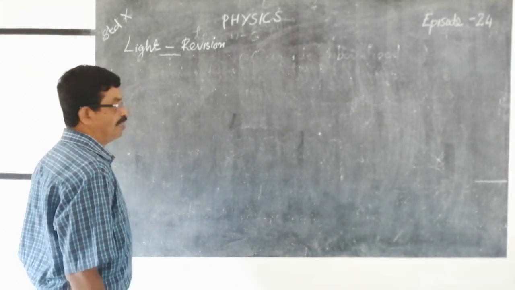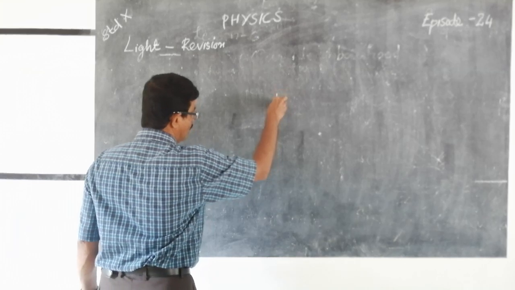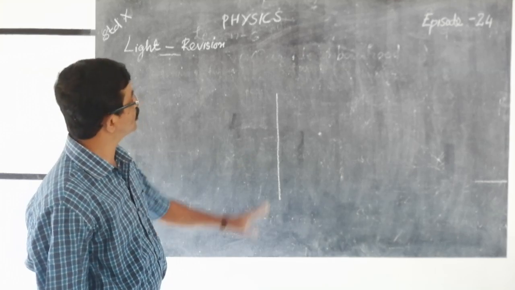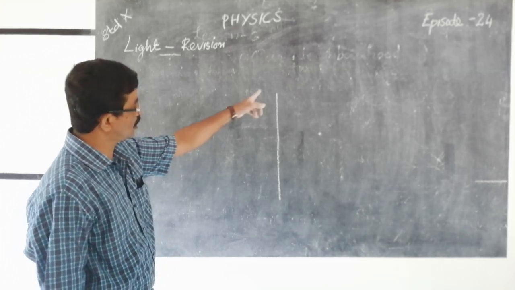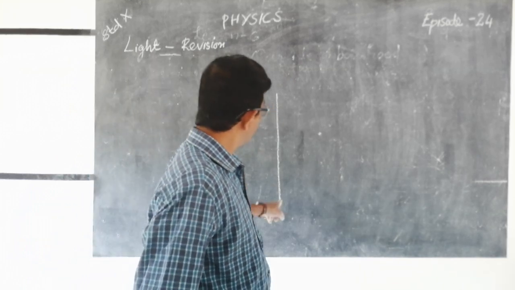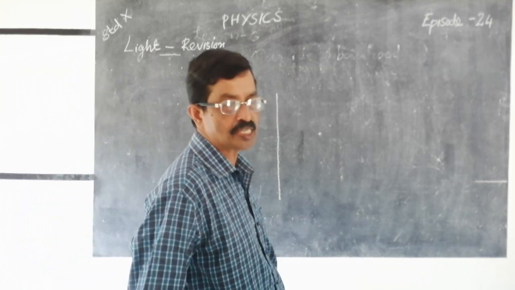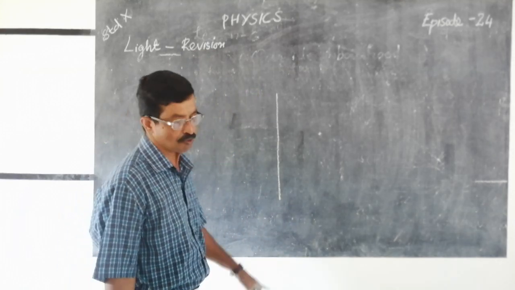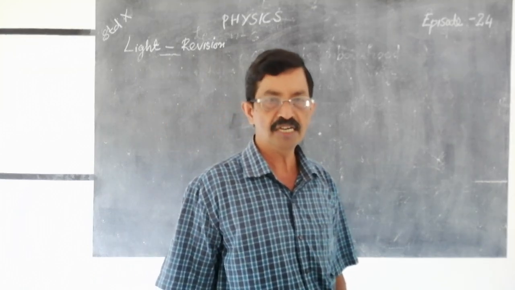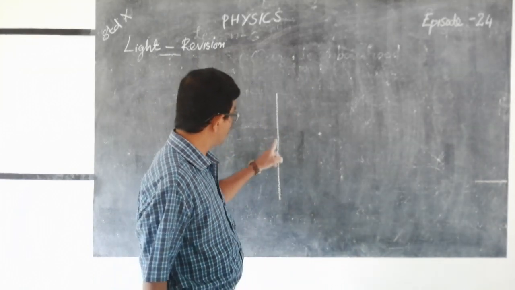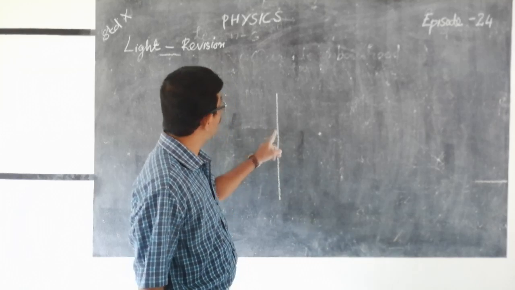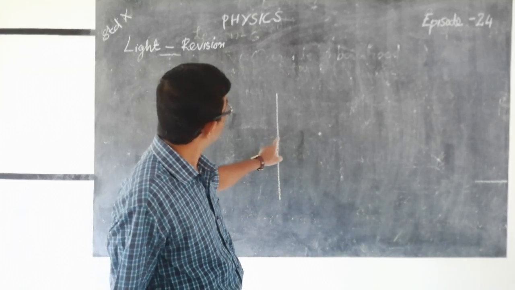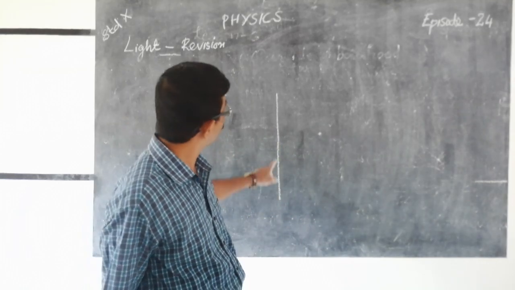First of all, make a straight line on the table. Place the mirror stand on this line in such a way that when we place the mirror on this stand, its pole should be on this line.